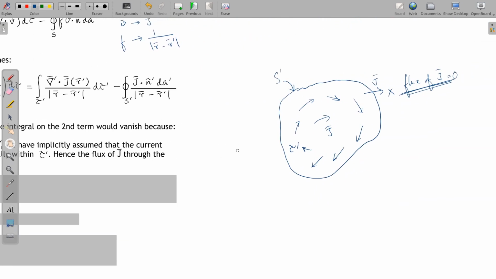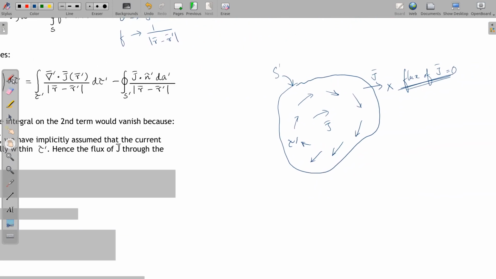But then there is a possibility that you could have some surface current, because we know that currents could also flow over the surface of a volume.